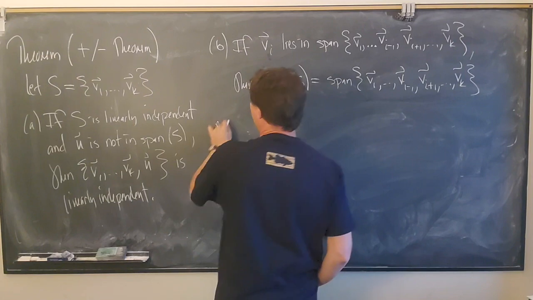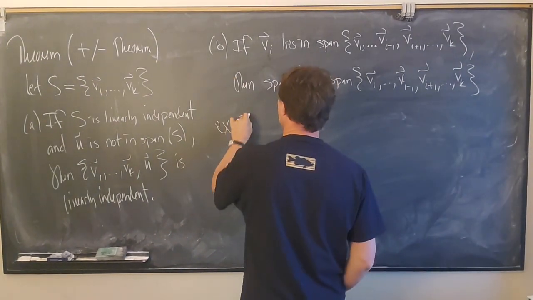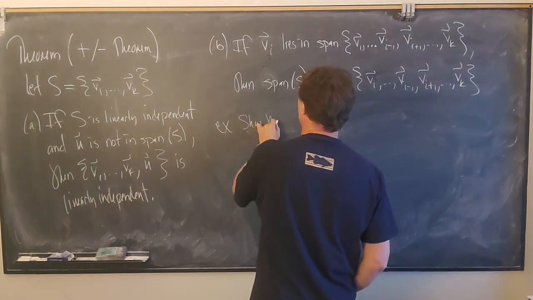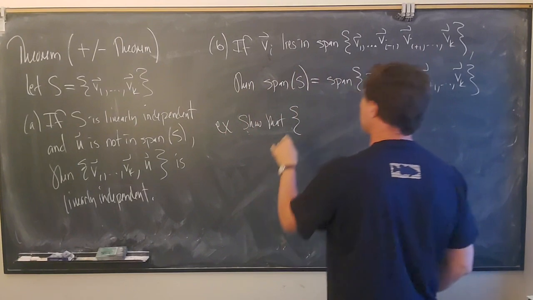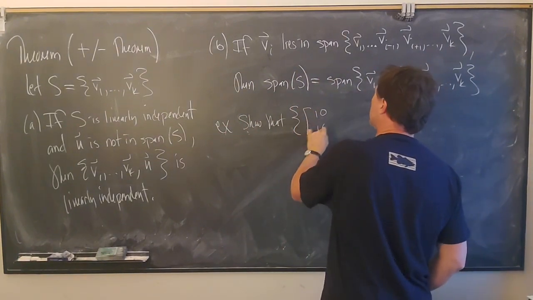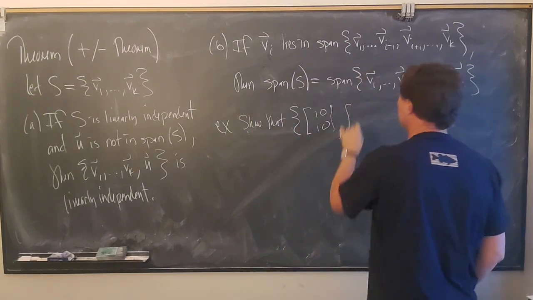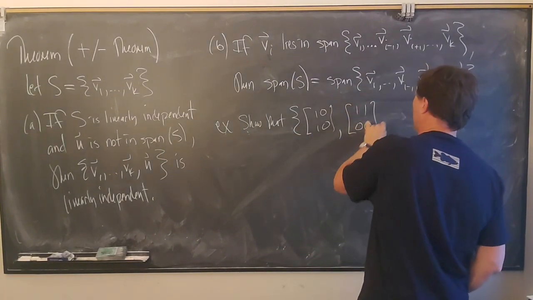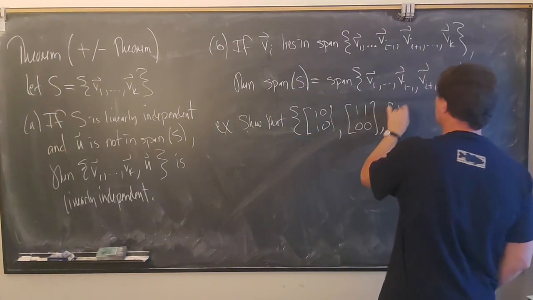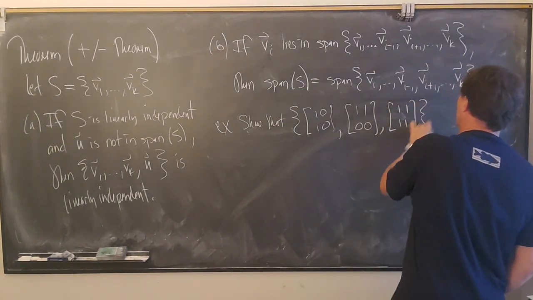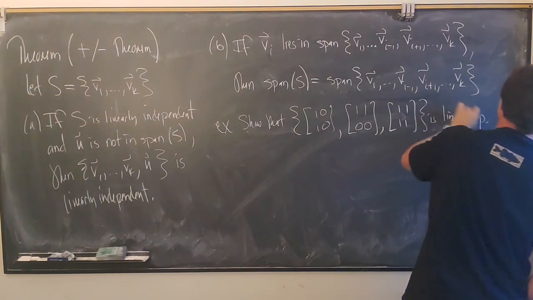So here's an application, this example here. Let's show that the set consisting of the following matrices: 1, 0, 1, 0, and 1, 1, 0, 0, and 1, 1, 1, 1 is linearly independent.